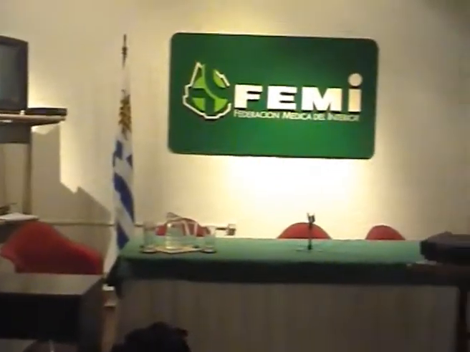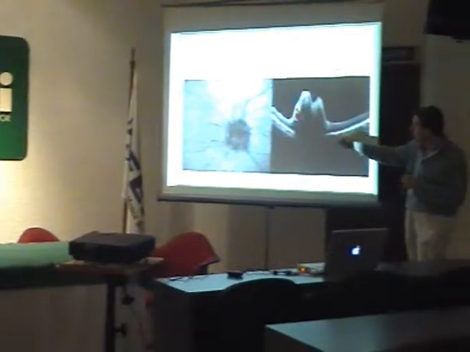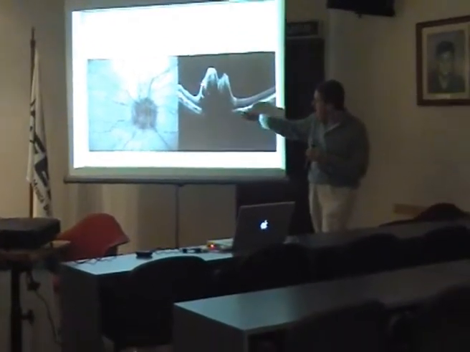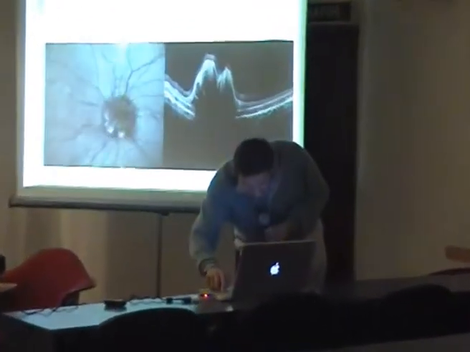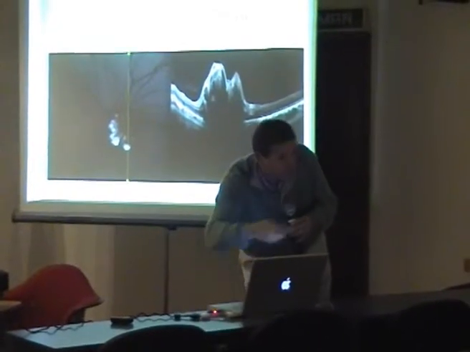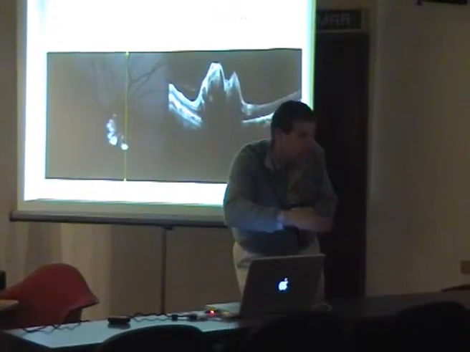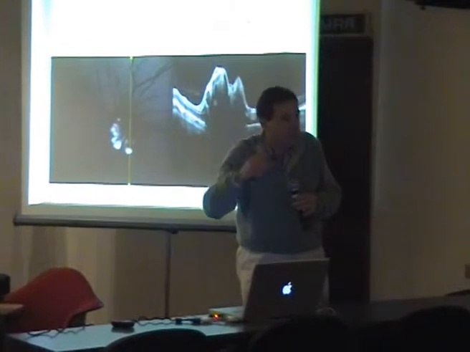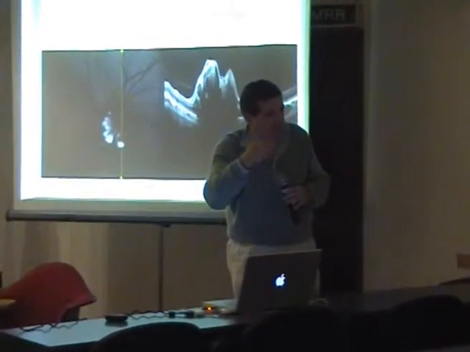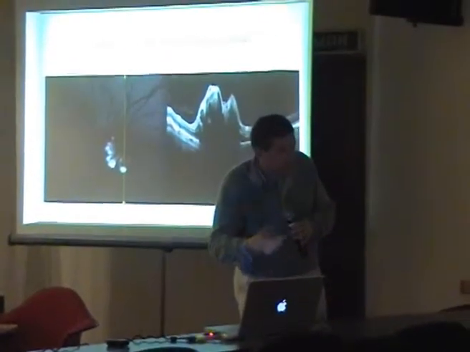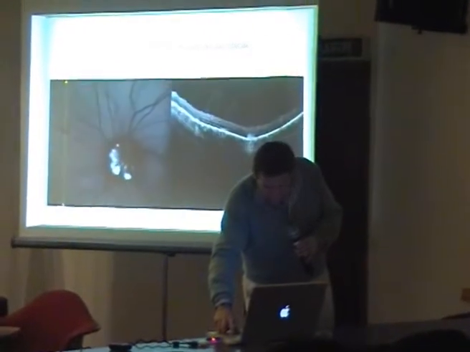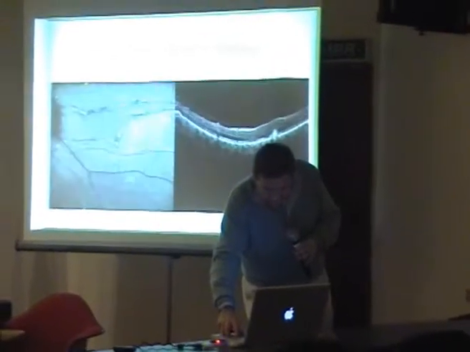Okay, so these are the optic nerve head drusen, no problem. With the spectral domain OCT, you see, they are very well delineated. In autofluorescence, you know that it's a normal autofluorescence. This is not lipofuscin, it's glial tissue.